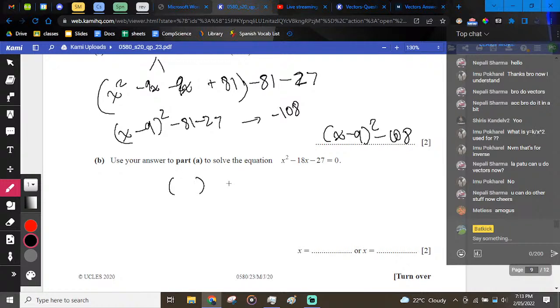So the stuff in the bracket has to equal 0. It's going to be negative 9 or positive 9.